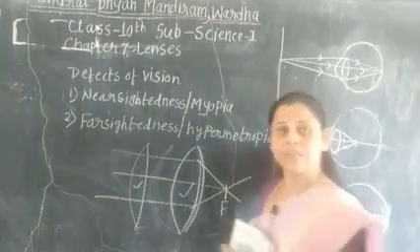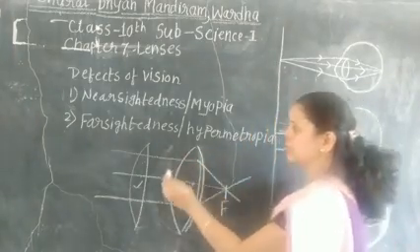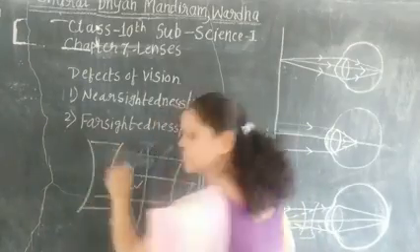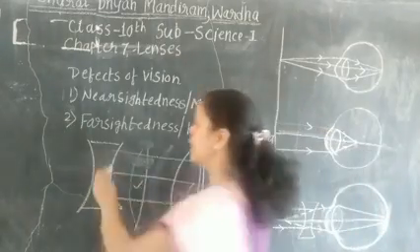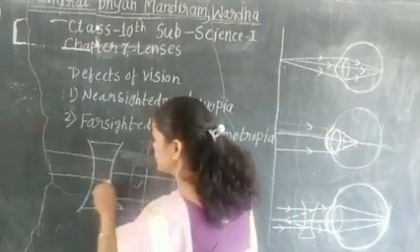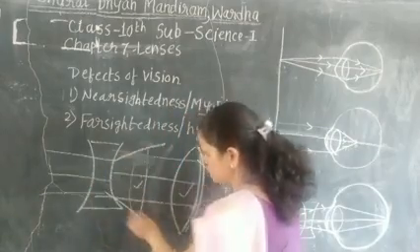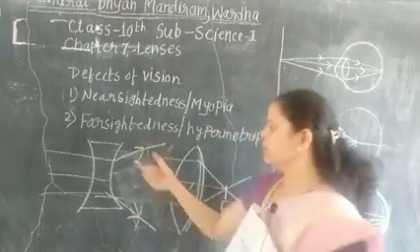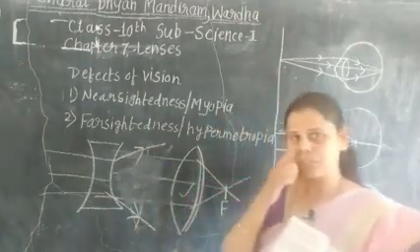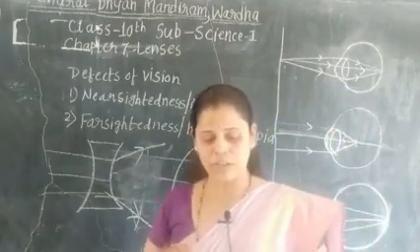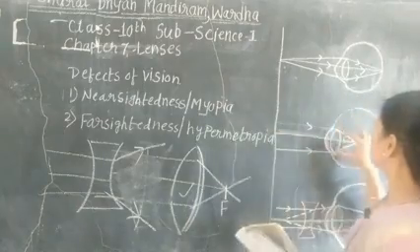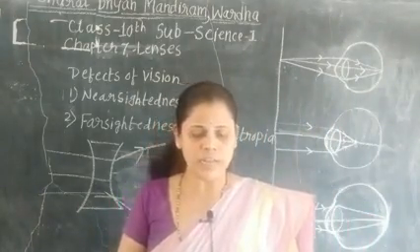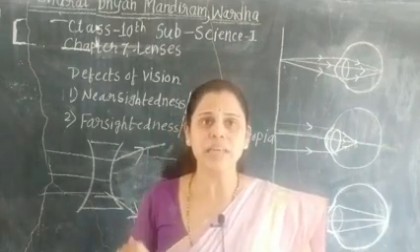Diverging means they spread in different directions, as in a concave lens. So if the curvature of the cornea and eye lens increases, the converging power of the lens remains large.